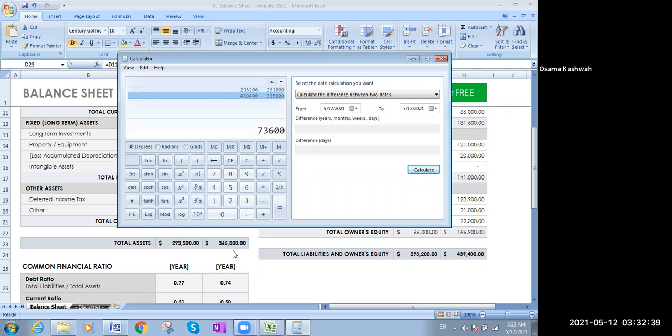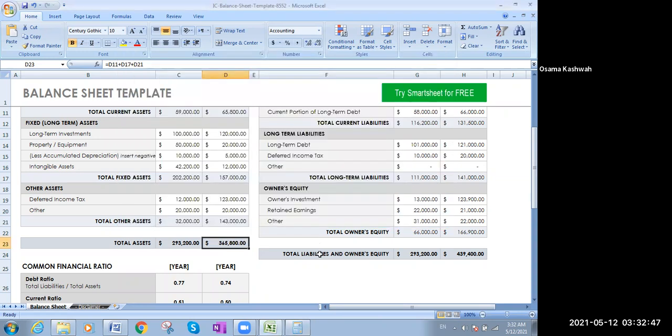$73,600. Okay, that means I have to add to the weaker part. The weaker part here is intangible assets. I will do the same thing.